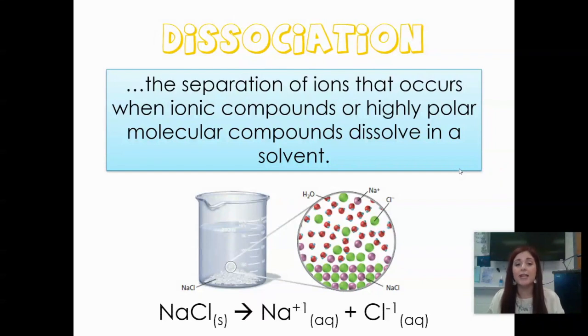If we were to write this equation out, I would have solid salt, and when it's introduced to water as a solvent, it dissociates into sodium ions and chloride ions. That's all I would write. This is the dissociation process that's occurring. I don't want to say reaction because I'm not making anything new. All that's happening is that they are separating from one another.